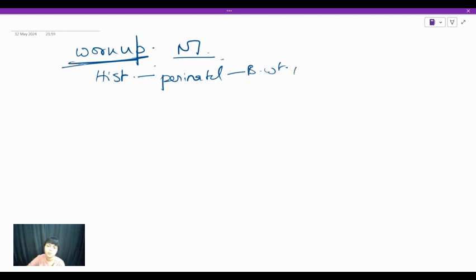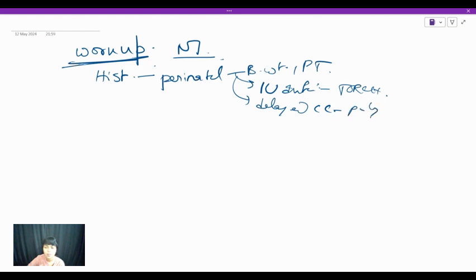I mean, was it a preterm baby? Okay, whether the mother suffered from any intrauterine infection, like you have to ask whether the mother suffered from any febrile illness with rashes, because that will point towards TORCH infection. Okay, whether there was any history of delayed cord clamping, why, there will be polycythemia.